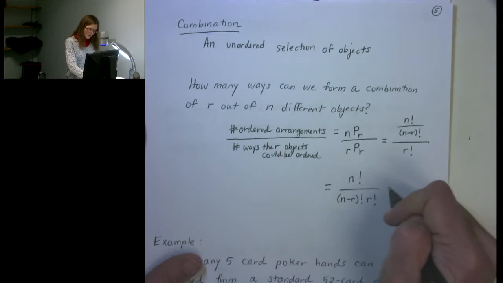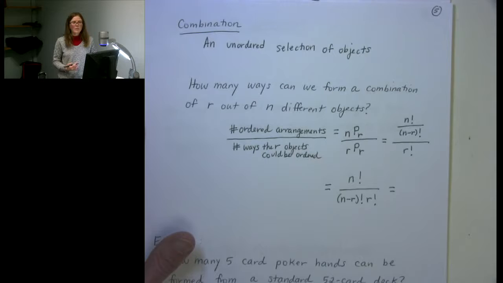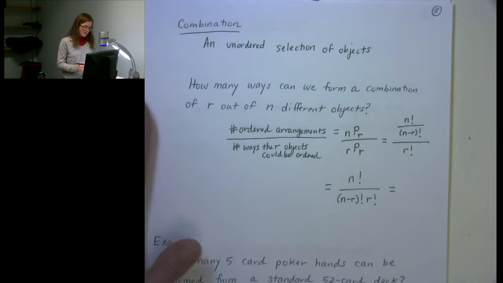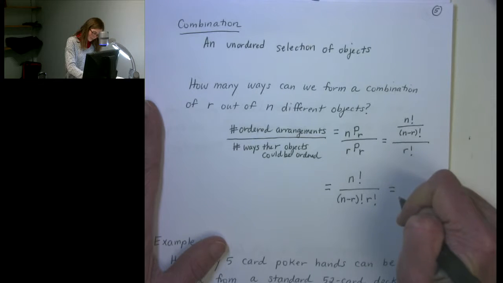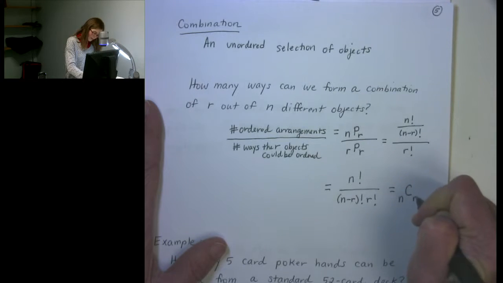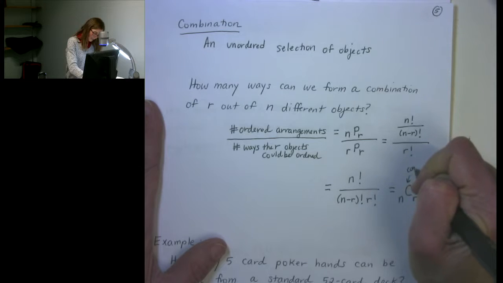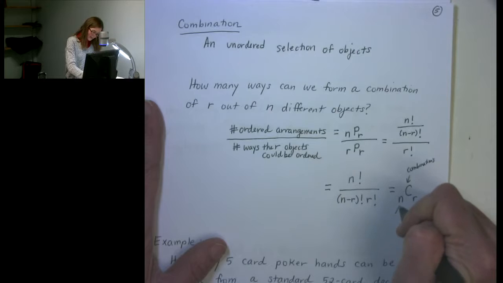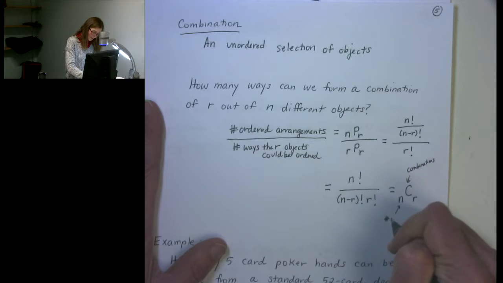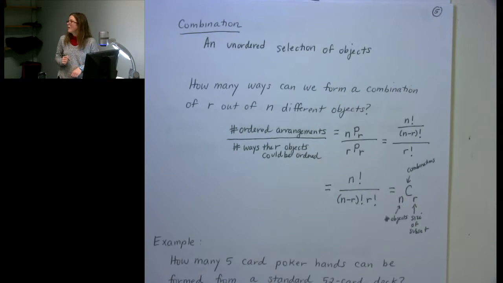And the notation we use for this calculation, for the number of possible subsets of size r that can be made from n objects, is n choose r, C for combinations. n again is the total number of objects, r is the size of the subset, and there is alternative notation that's sometimes used for this.